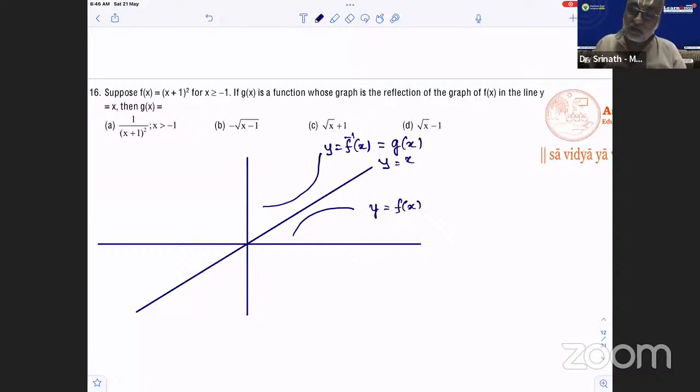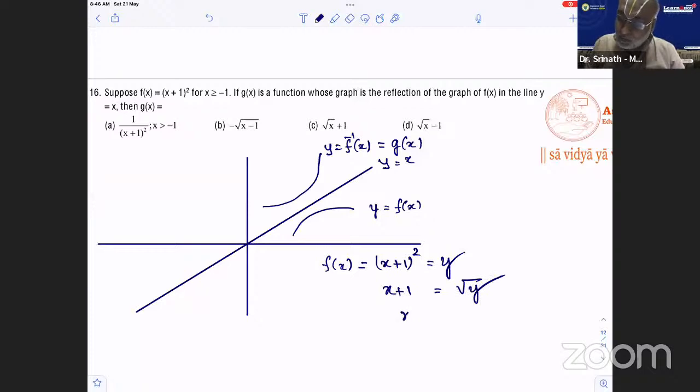So if you have to find g of x, you have to simply find what f inverse of x is. Your f of x is given to be x plus 1 whole square. Let us say it is equal to y. So your x plus 1 will be equal to root y.